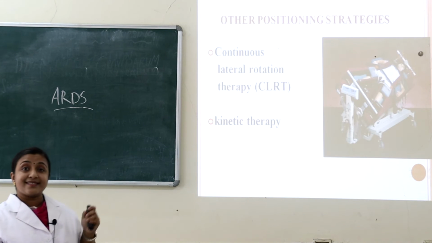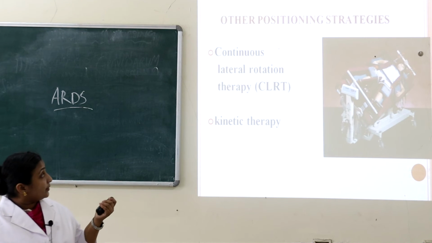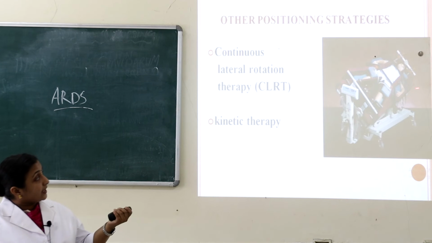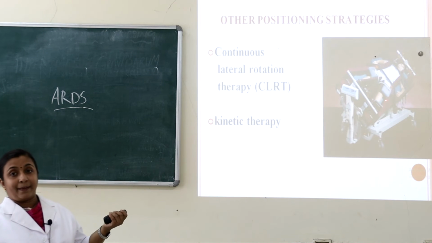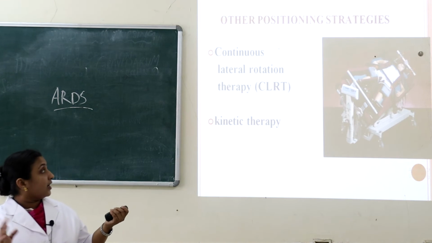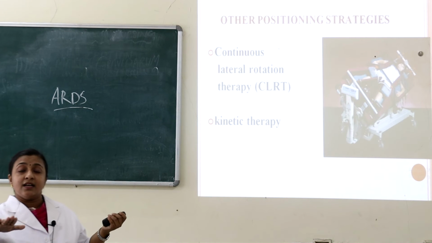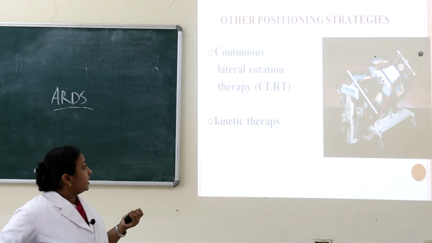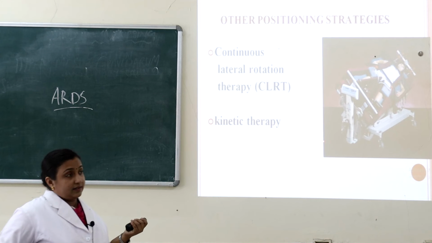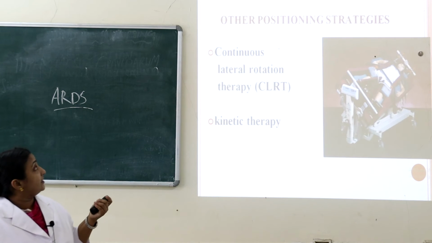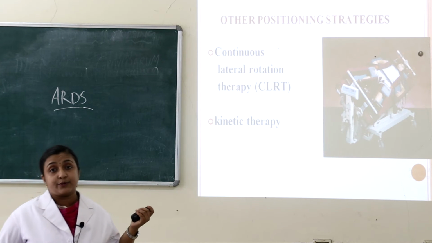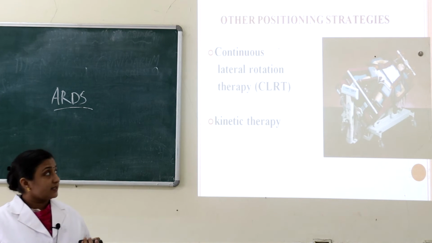Then other position strategies like continuous lateral rotation therapy, with the help of machines on the bed itself, we can provide continuous lateral rotations to mobilize the secretions of your patient. The next is kinetic therapy. These all are the main positions which can be used for ARDS patients.